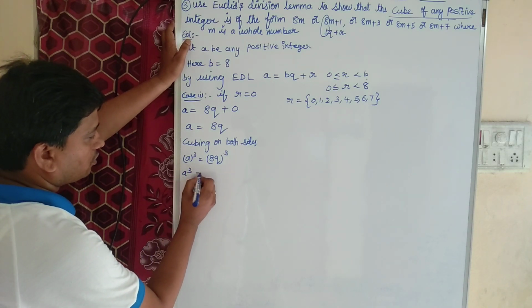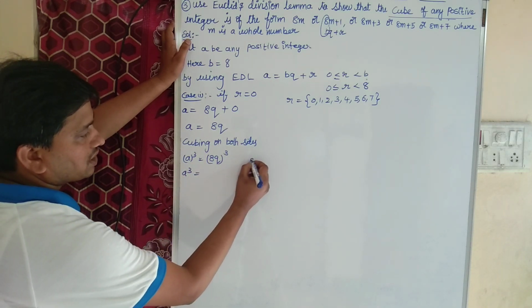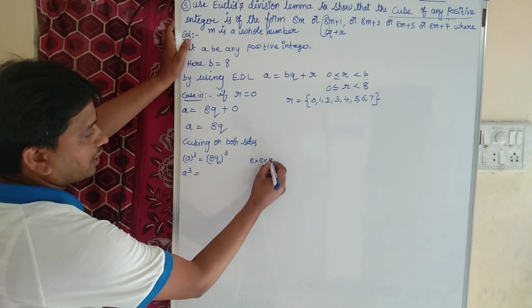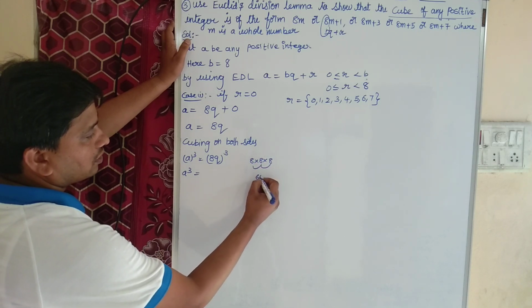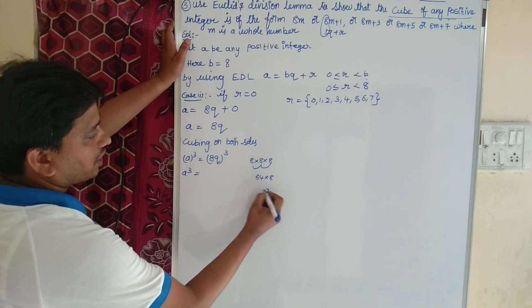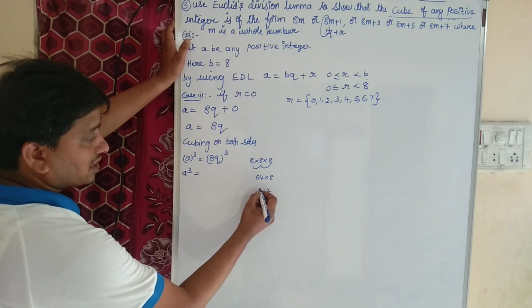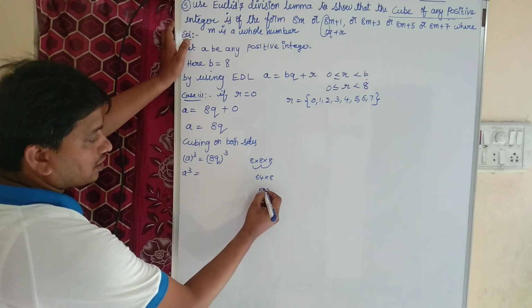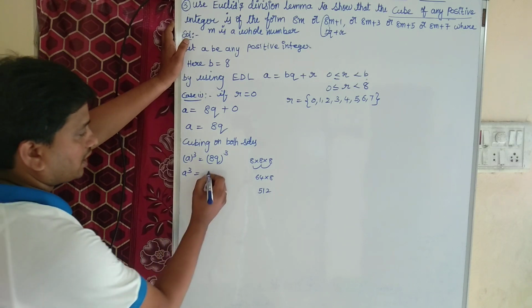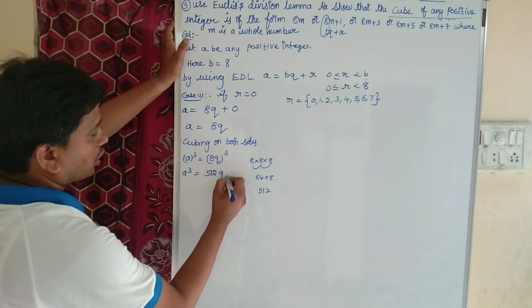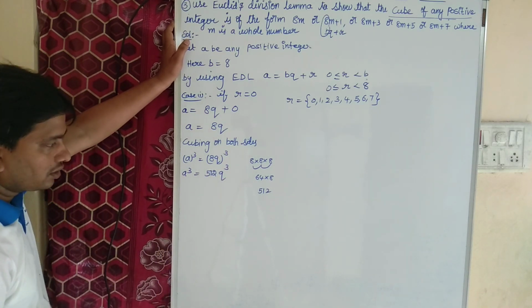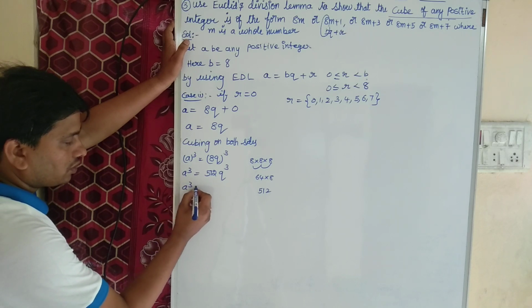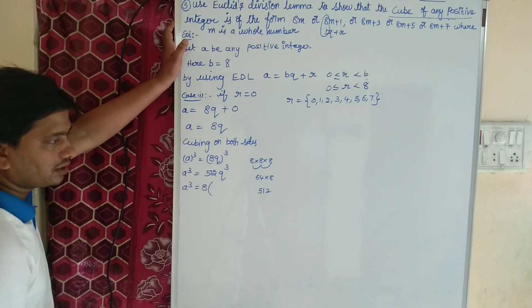So a cube equal to 8 cube q cube. 8 cube is nothing but 8 into 8 into 8. 8 8s are 64, into 8. 8 4s are 32, 8 6s are 48, 48 plus 4 is 52, so that is 512 q cube. Right? So now a cube equal to, let me take 8 as common, children.